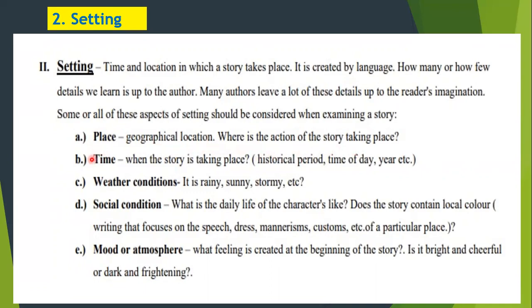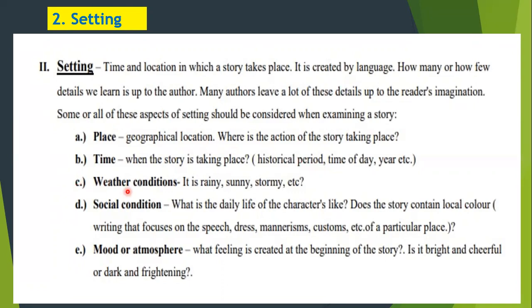The second item is the time when the story is taking place, historical period, for example, in 1991, in 2021, in 1720, for example. So the period of time, the year.